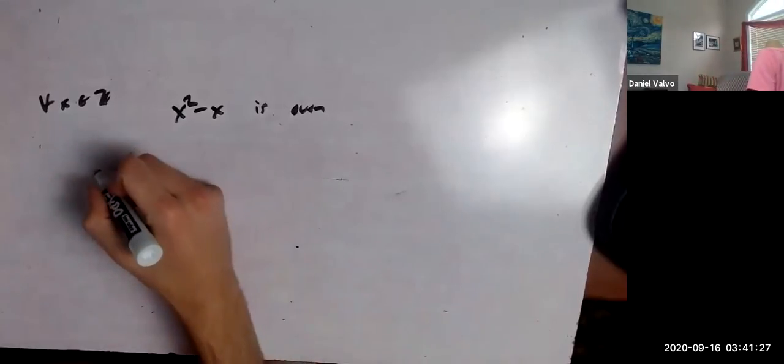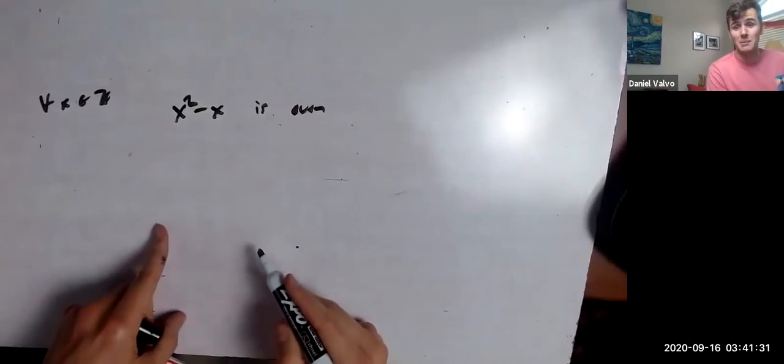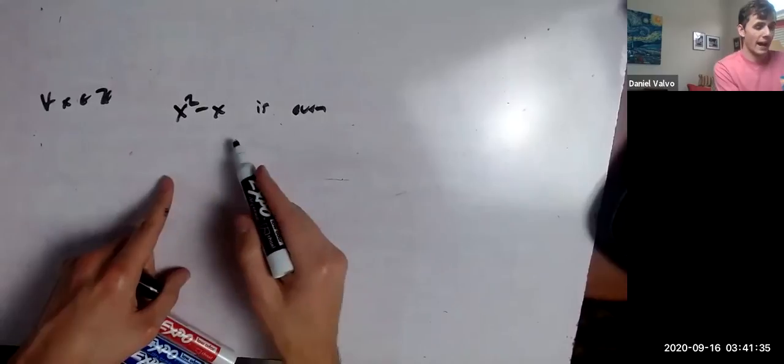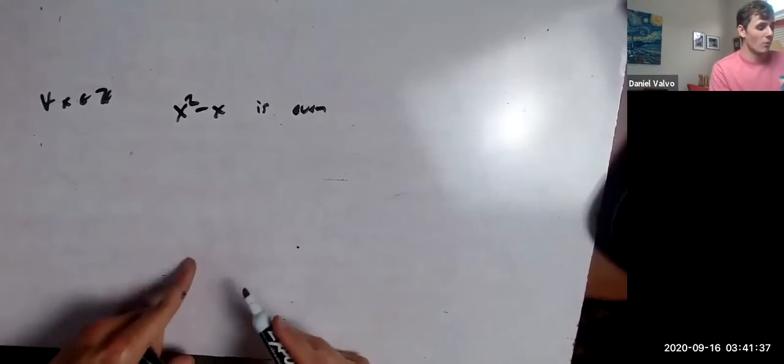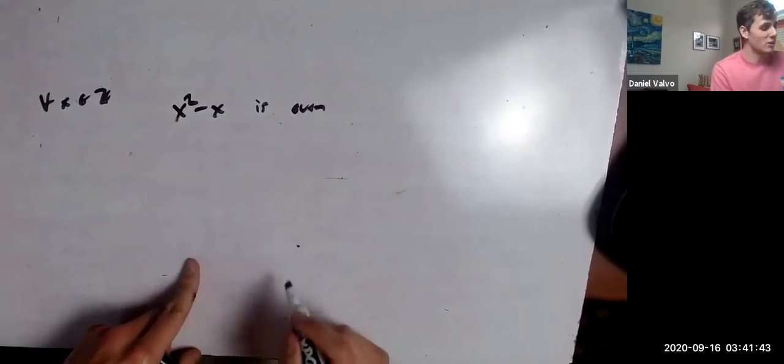But when you prove it, you divide into cases when x is even and x is odd, and then it becomes obvious. When x is even, x squared is even, and even minus even is even. When x is odd, x squared is odd, and odd minus odd is even. And so you can always say it's even.